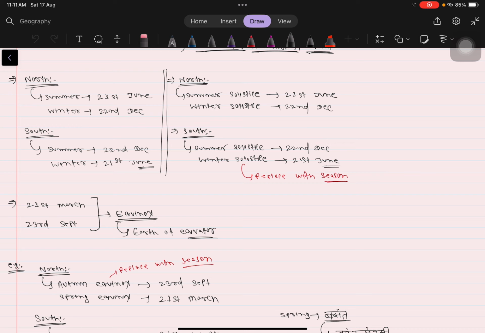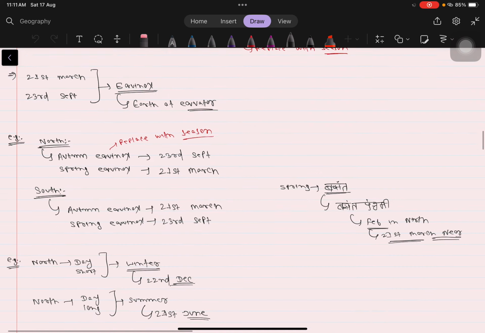In the northern hemisphere, the autumn equinox is on 23rd September, and the spring equinox is on 21st March. And in the southern hemisphere, the autumn equinox will be on 21st March, and the spring equinox will be on 23rd September.